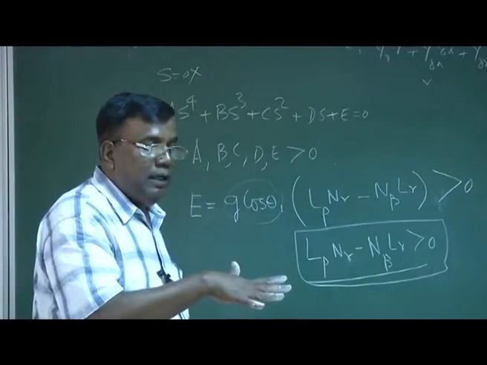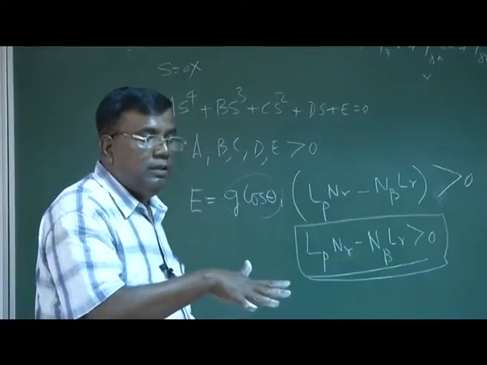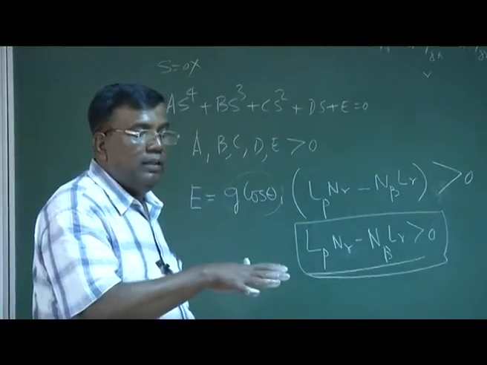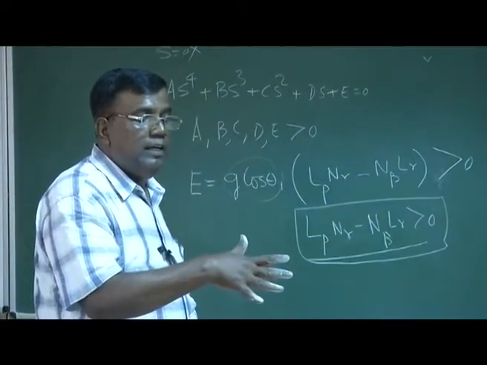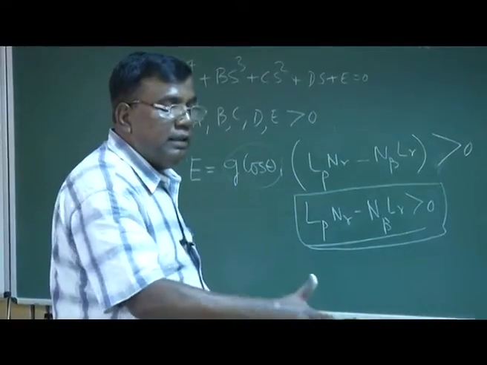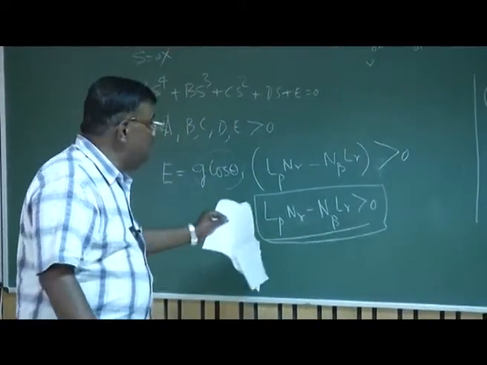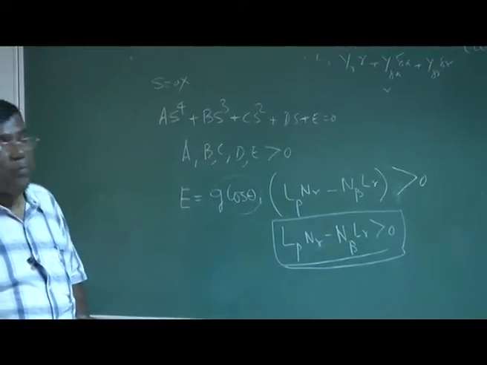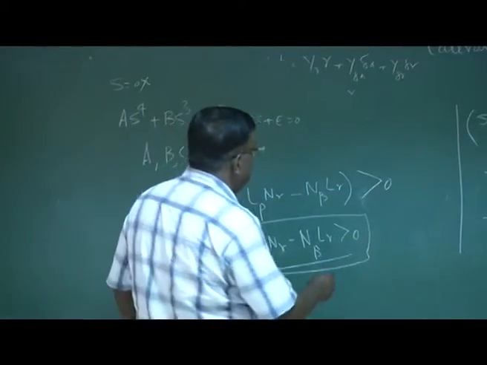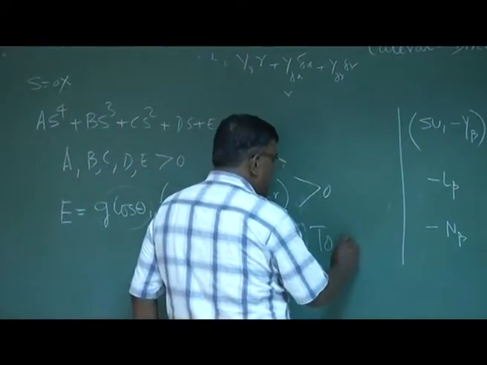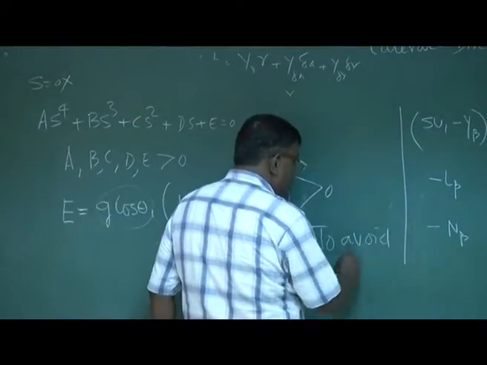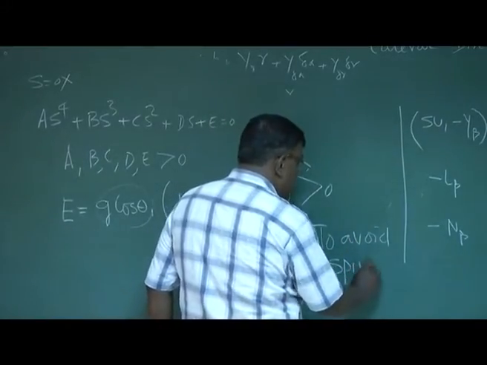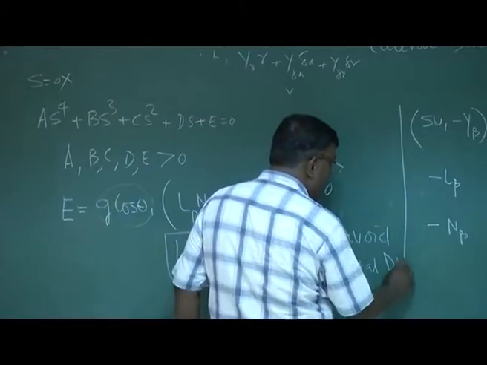As it side slips, it turns like this. As it turns, the velocity of the left wing increases, again it banks. So it goes like this, unless and until this condition is satisfied. So this is very, very important to avoid spiral divergence.